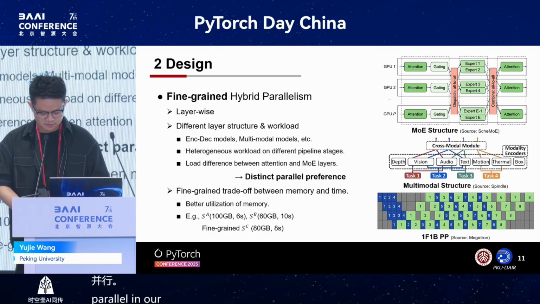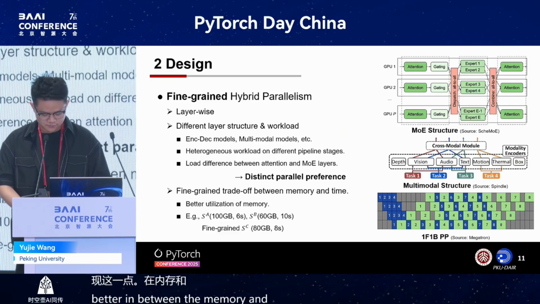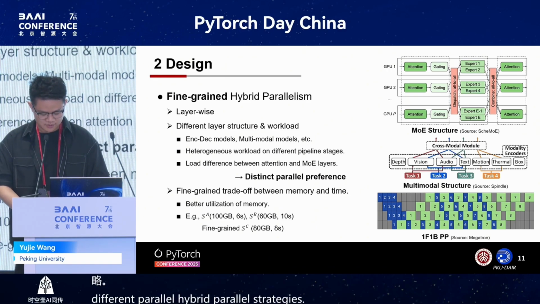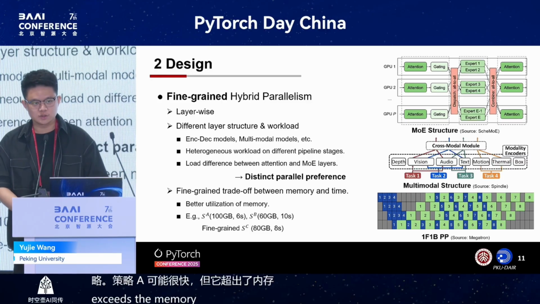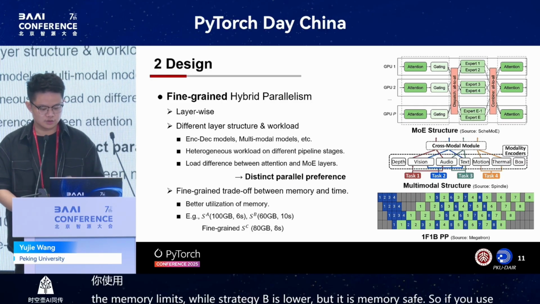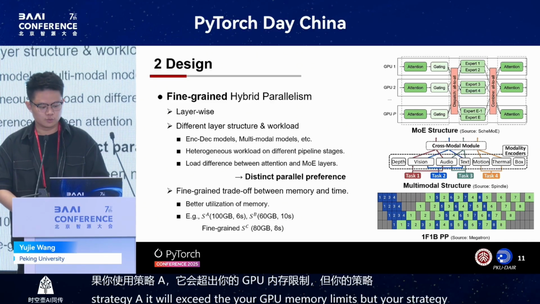Secondly, fine-grained parallelism allows us to trade off better between memory and time. For example, here we have two different hybrid parallel strategies. Strategy A may be fast, but it exceeds the memory limits, while strategy B is slower, but it is memory safe. If you use strategy A, it will exceed your GPU memory limits, but if you use strategy B, there will be a waste of memory.